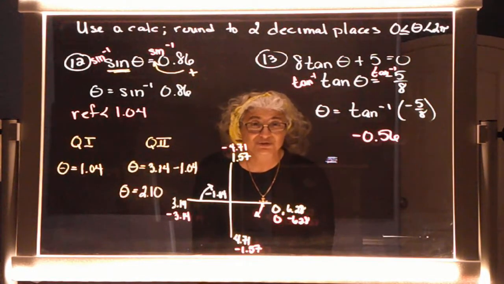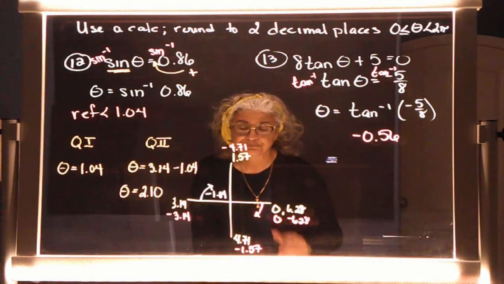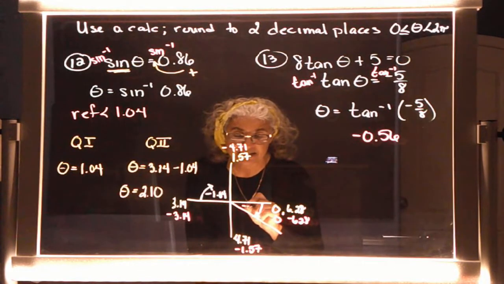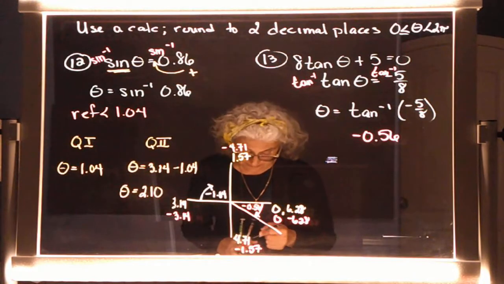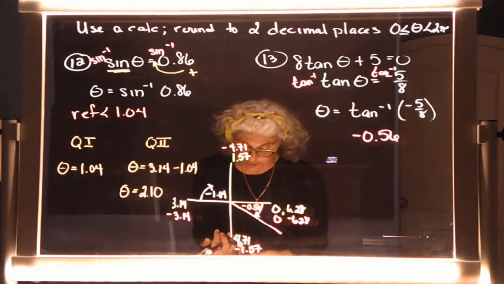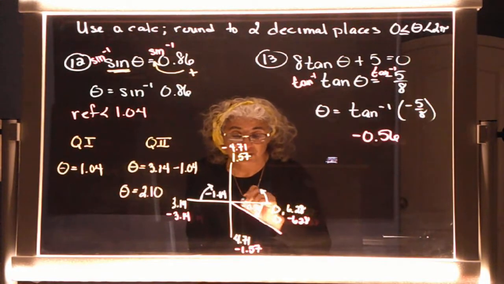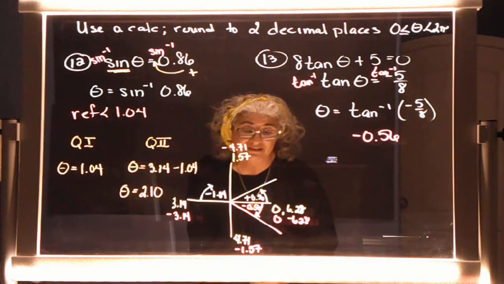The reference angles are supposed to be quadrant 1. So that means I went in the negative direction 0.56, right? So to go into quadrant 1, you are going to go in the positive direction 0.56.